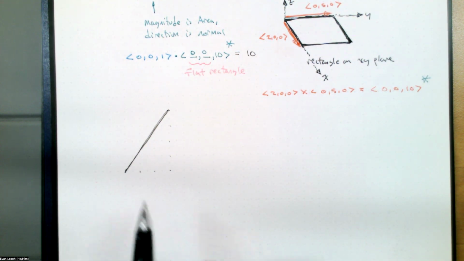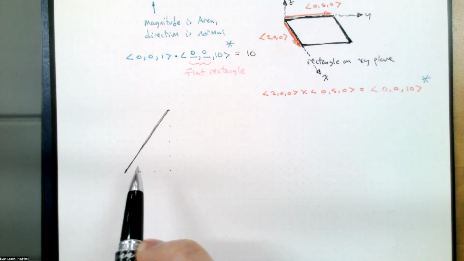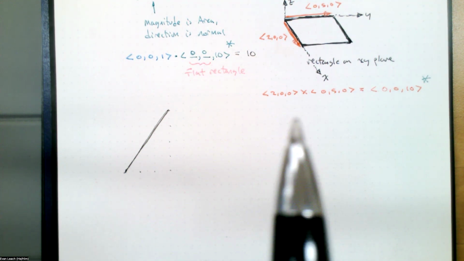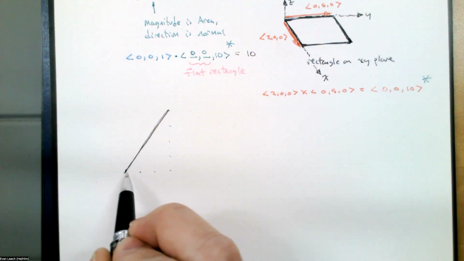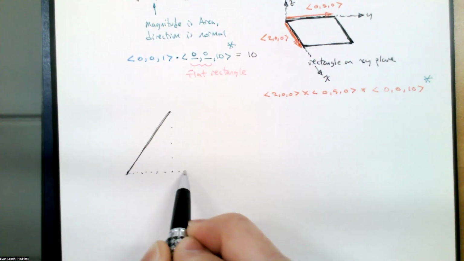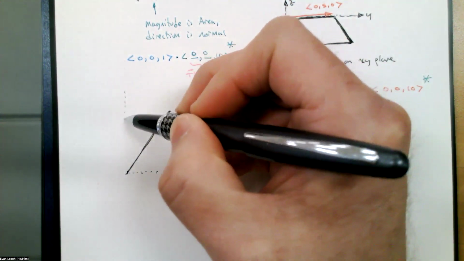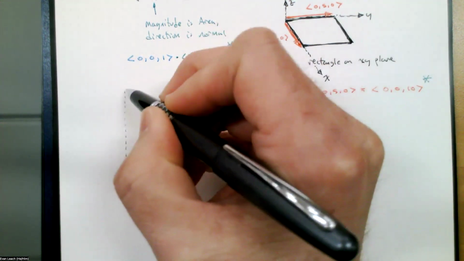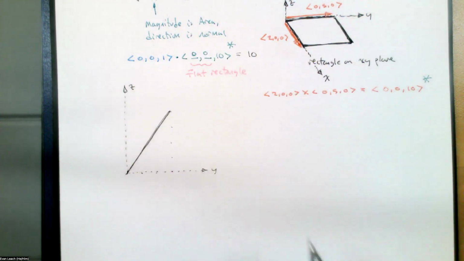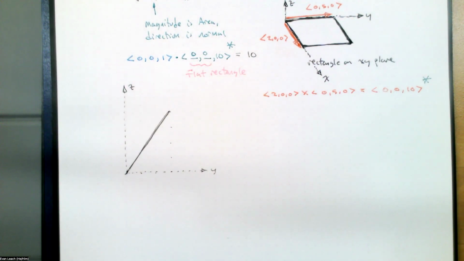Here the x-axis is coming directly out of the paper, and we're looking at the y-axis down here and the z-axis up here. In this picture, the velocity is still going vertically.